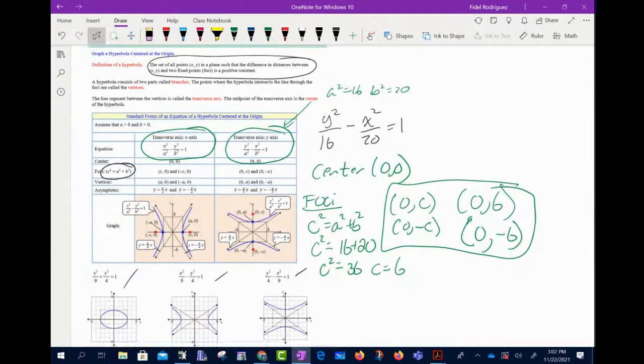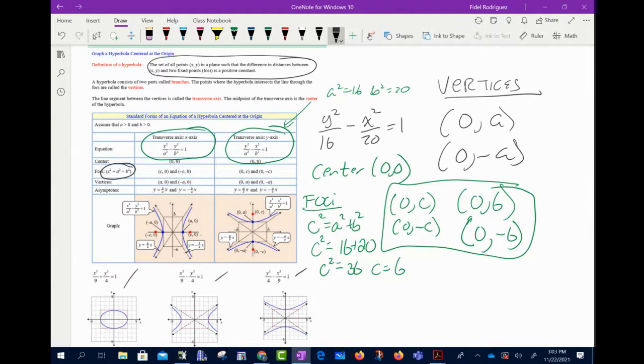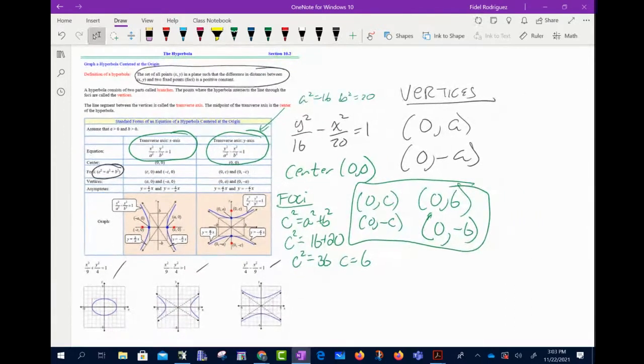Okay, and now we want to find the vertices. So the vertices in this case, y'all, are going to be at the point 0, a and 0, negative a. So question, if a squared is 16, what would a be equal to?